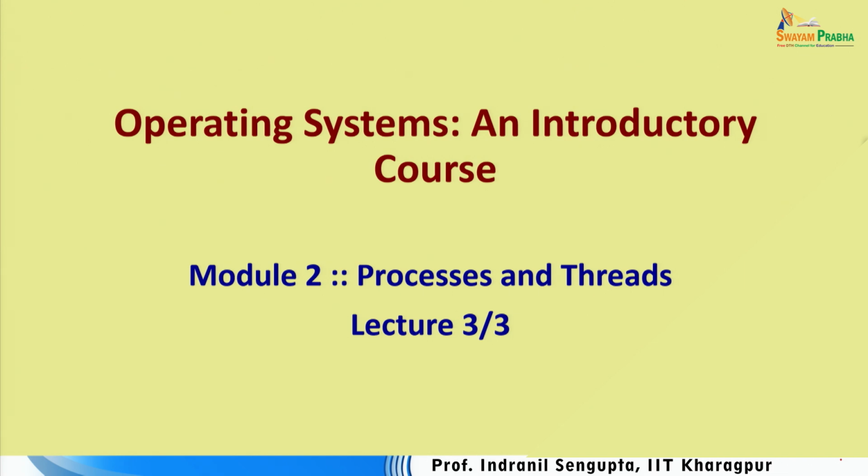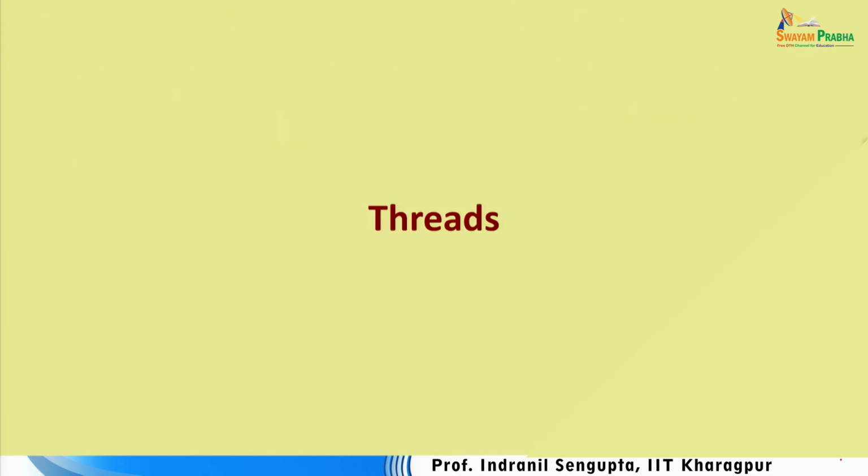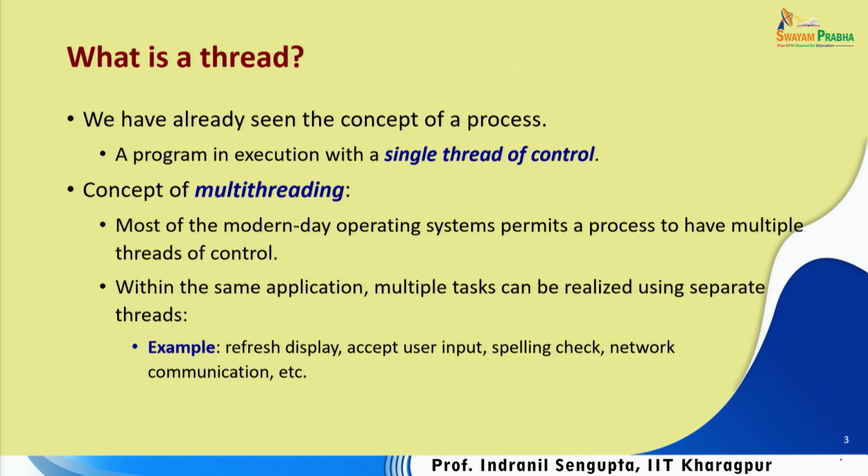So, in this lecture we shall be trying to understand the concept of threads and how they are different from processes. Okay? Let us see. First, let us try to understand the basic concept of a thread. In a sense, a thread is very similar to a process, because it is a depiction of the execution status of a program in execution.